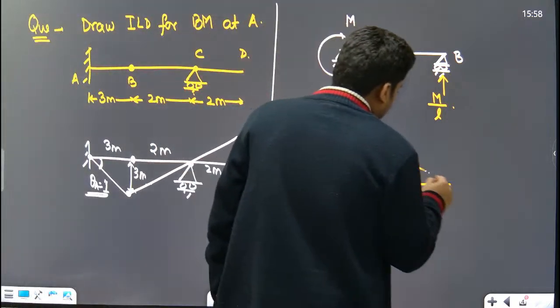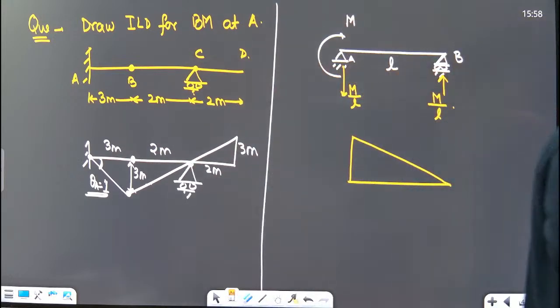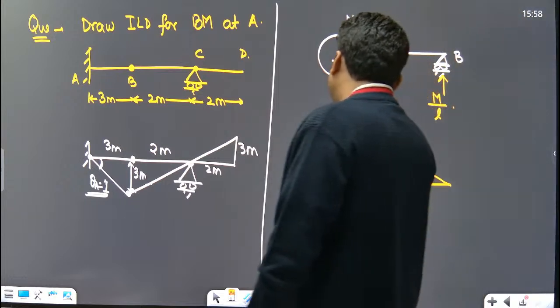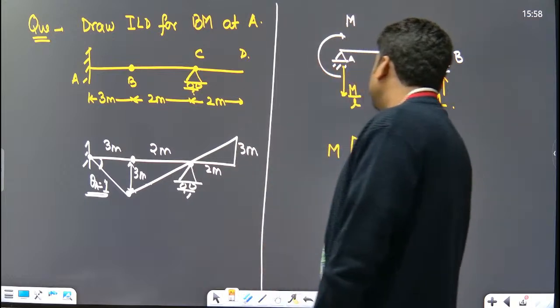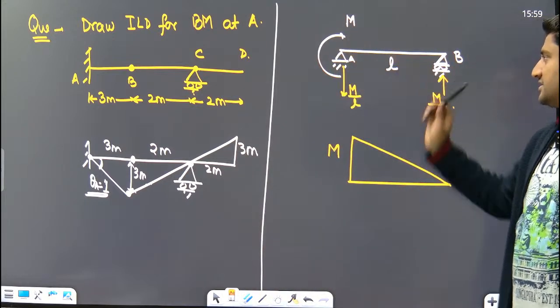So the bending moment at A will be something like this. So the bending moment at point A is M. Yes or no?